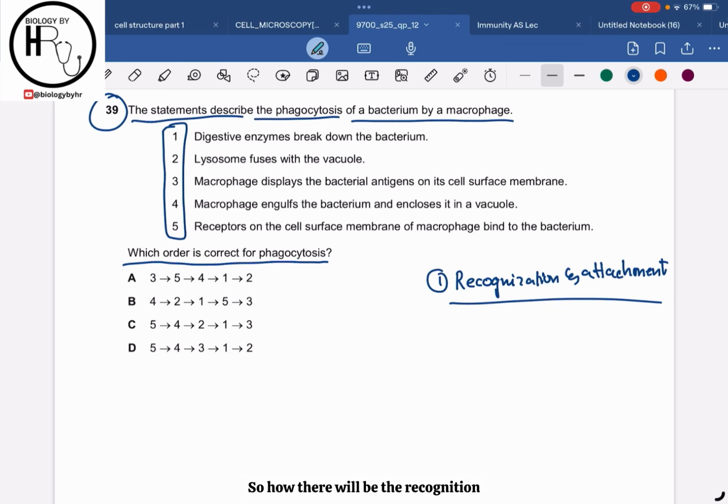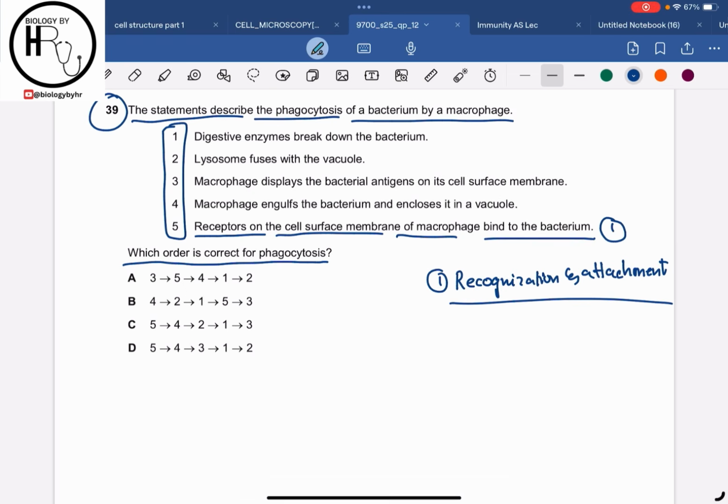This is possible when the receptors on the cell surface membrane of the macrophage bind to the bacteria.